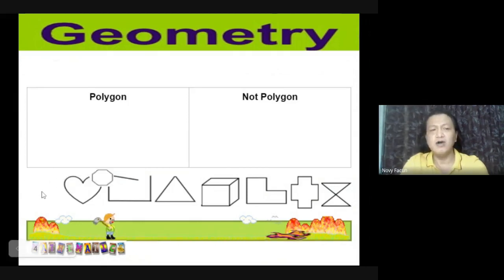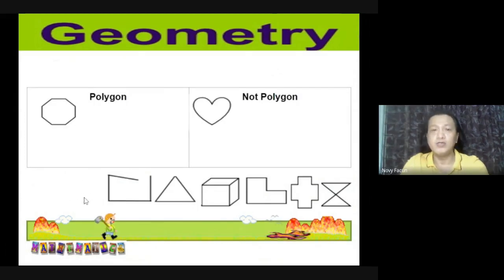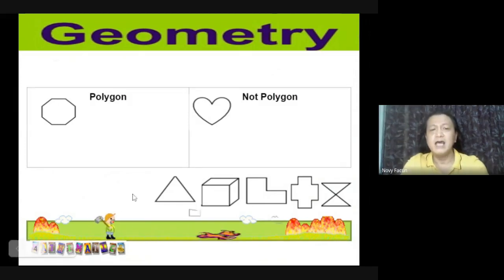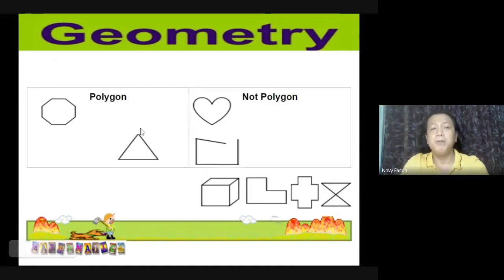So, this object belongs to shapes that are polygon. Ito namang pangalawa is not polygon. So, bakit kaya siya not polygon? Mamaya malalaman natin. Yung pangatlong shape, this is not polygon. Next, we have this triangle, it is polygon.